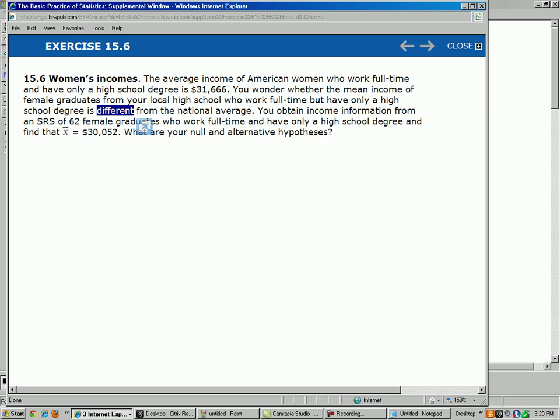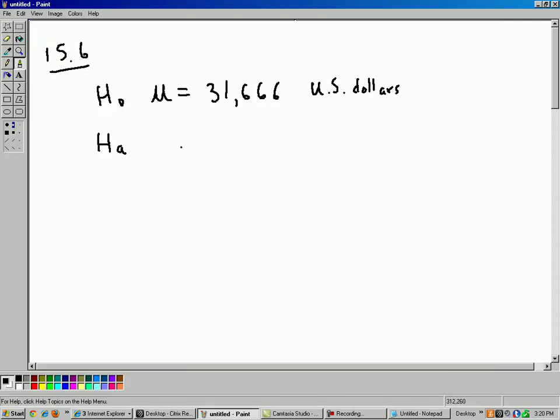So that's the key word there. You want to know if it's different. You don't want to know if it's higher or lower. You just want to know if there's a difference. So that would mean the alternate is mu is not equal to $31,666. Okay, and that's it for that example.